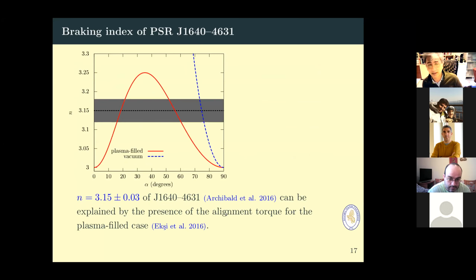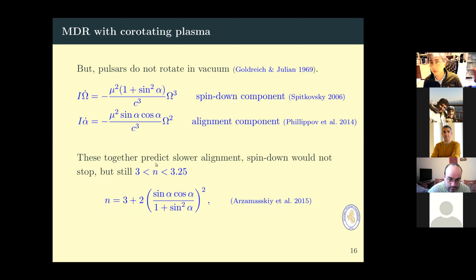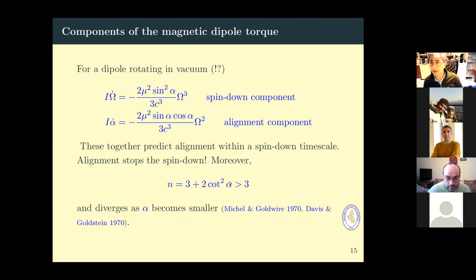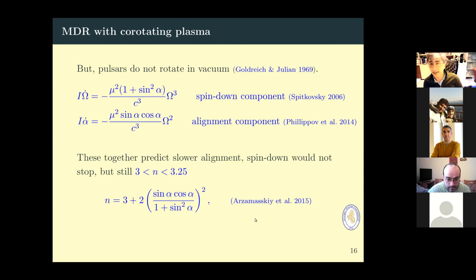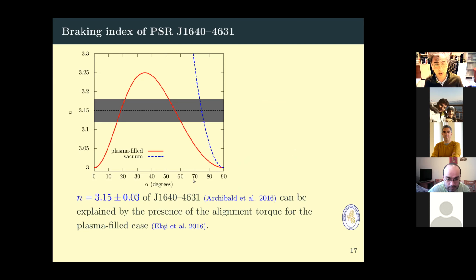This alignment torque contribution was neglected by the original discoverers of the braking index because they used the vacuum model, which is estimating a very huge braking index. But with this, we could show that the braking index could be explained nicely.